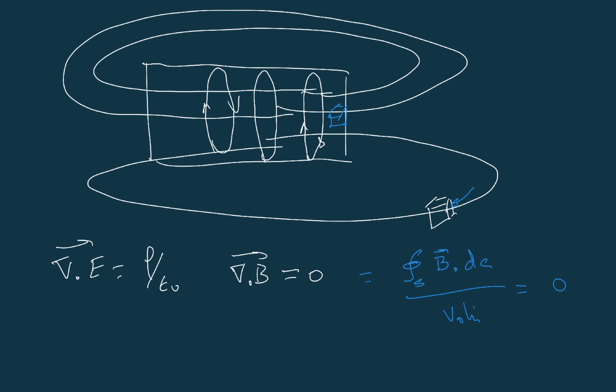This is why in physics they say there is no magnetic monopole, because for electrical field the divergence is produced by the density of electrical charge. For magnetic field there is no magnetic charge, and the divergence is 0. So for the moment we have two Maxwell equations. The first Maxwell equation, let's write it in two different forms.